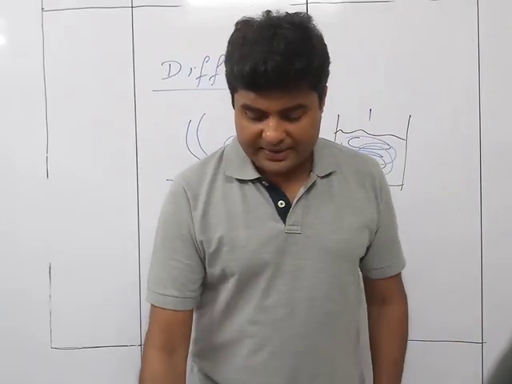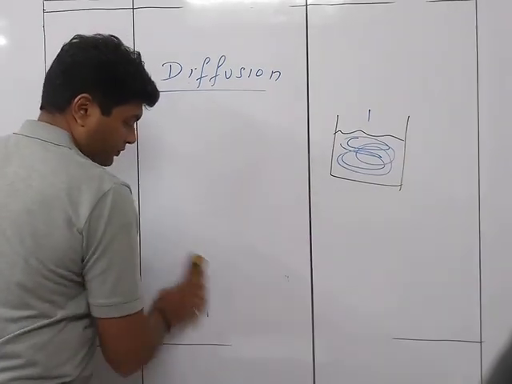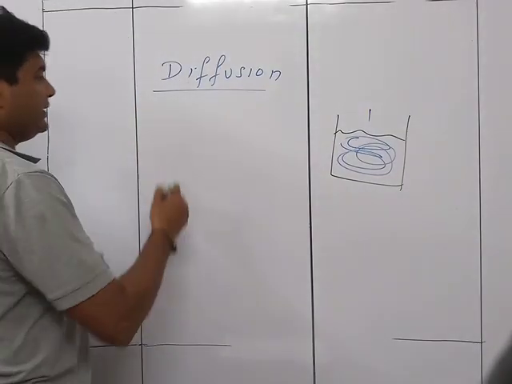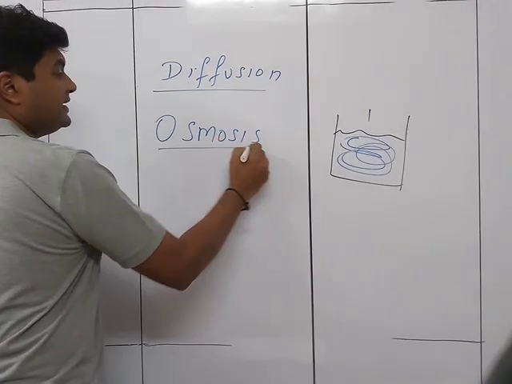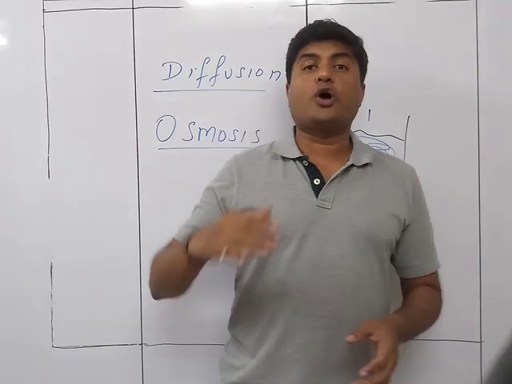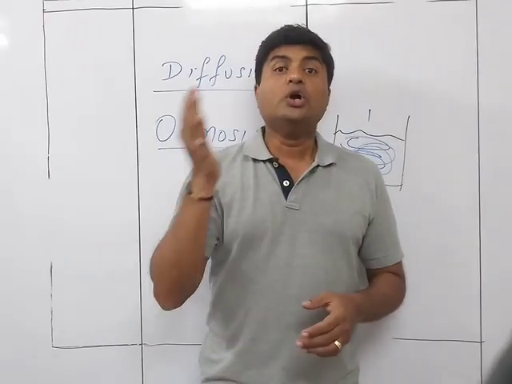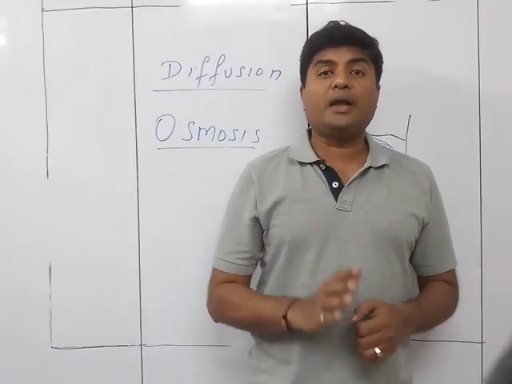The next one is osmosis. We already studied osmosis, so we'll do it once again. This is when the water molecules are moving from a higher concentration to lower concentration, passing through a semi-permeable membrane.